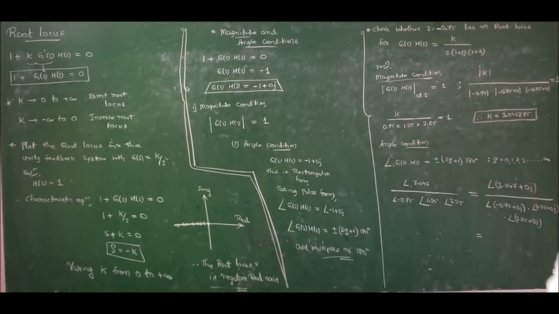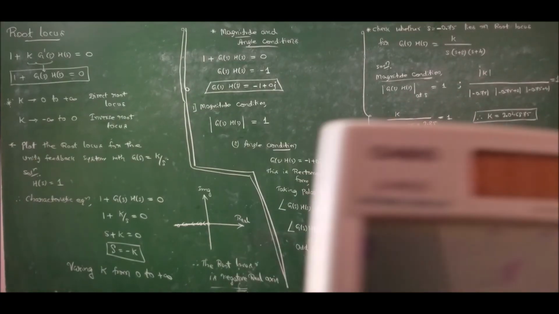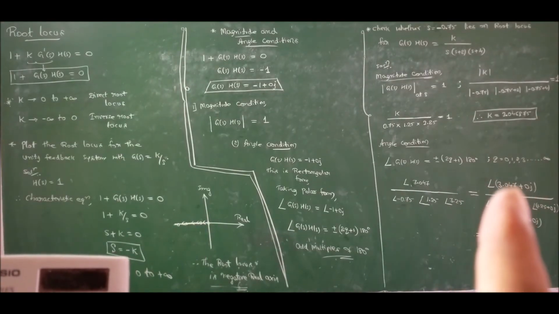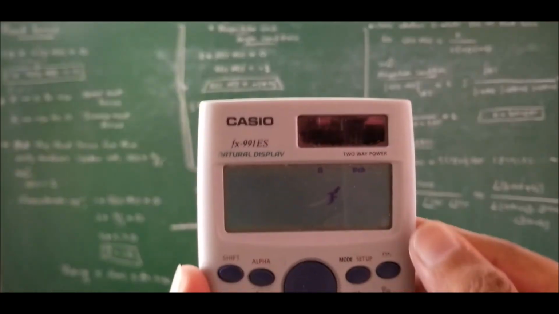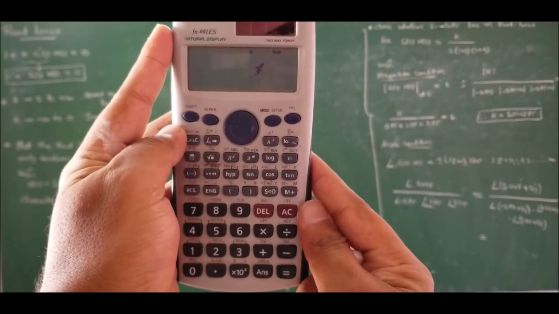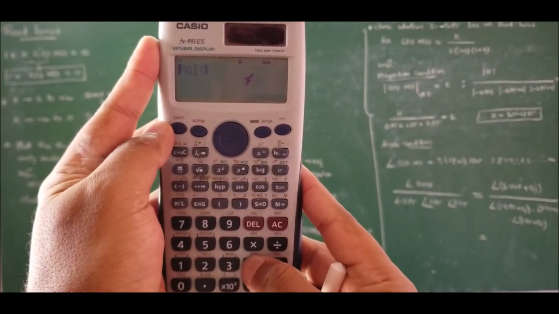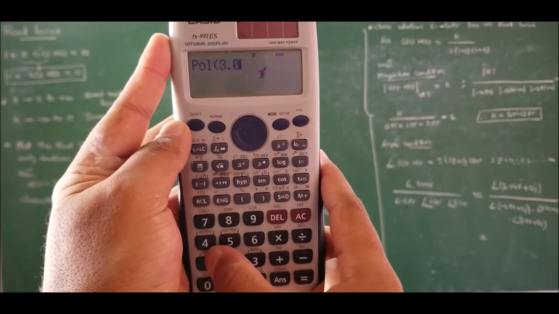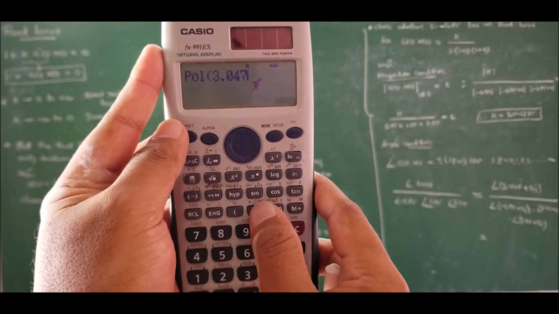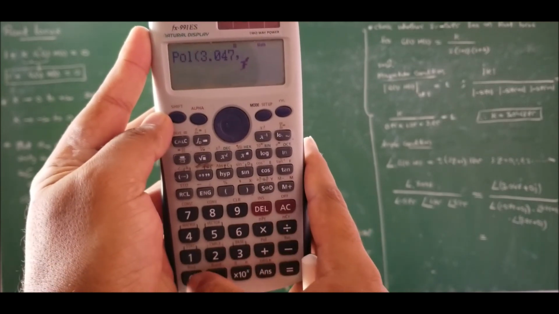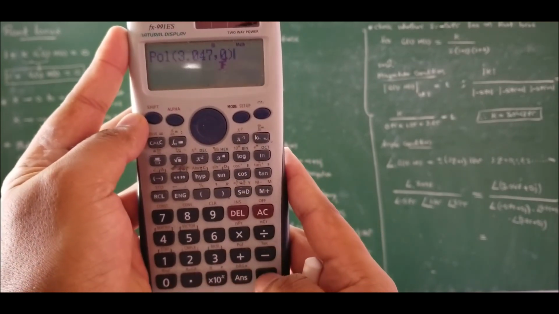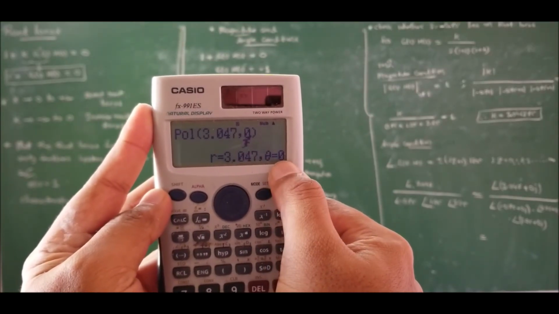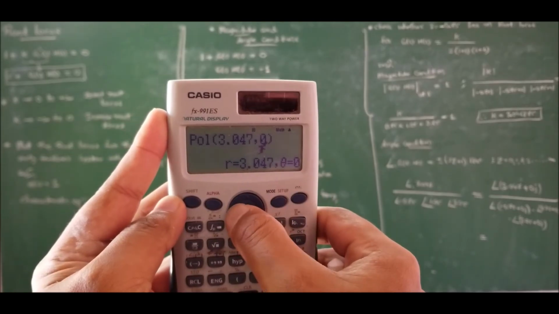Let me take the first one, 3.047 plus 0j. First I should press shift polar form of 3.047 plus 0j. That should be entered with a comma, 0, bracket close. How much? I don't want the magnitude, I want only the angle. The angle is how much? 0 degrees. Note down, 0 degrees for the first one, the numerator.